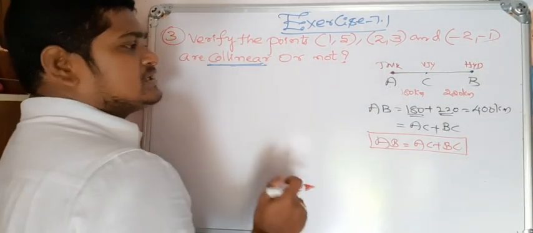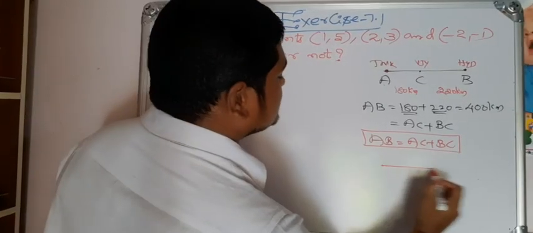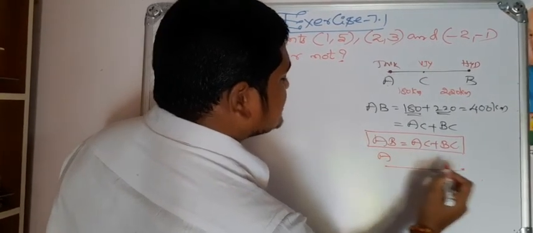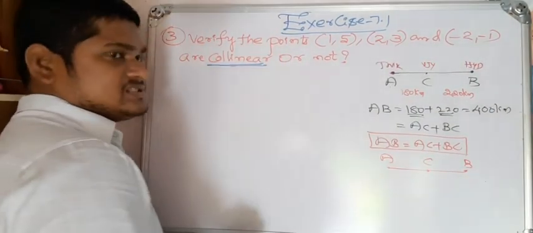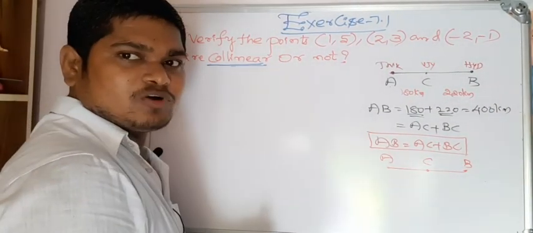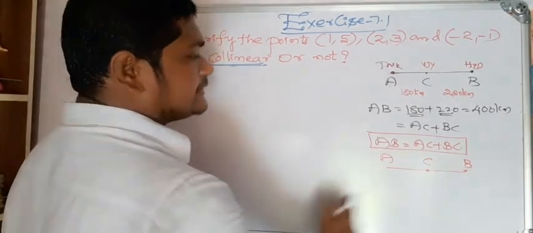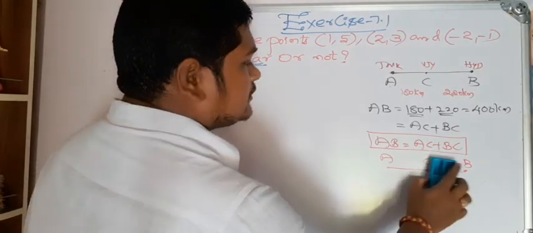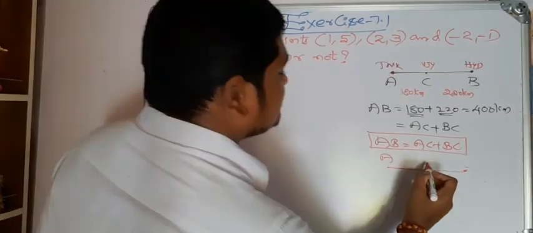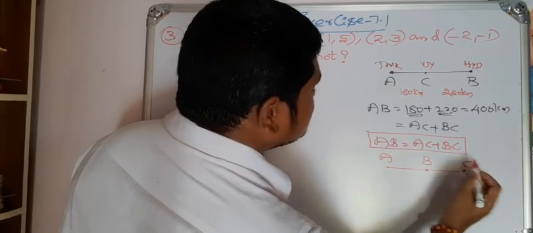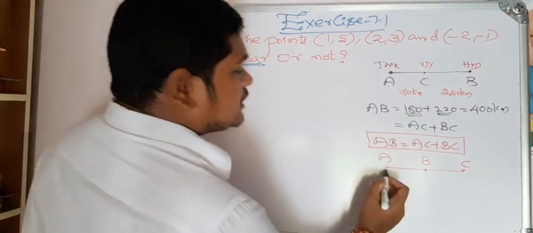In some cases the order may change, that we have to see. Suppose take this point as A and this point as B, and in between we take this point as C. Now we can guess about this. Again we start from A and B. Sorry, I will change this point as B and this point as C. Now what do we get? The total distance is AC.